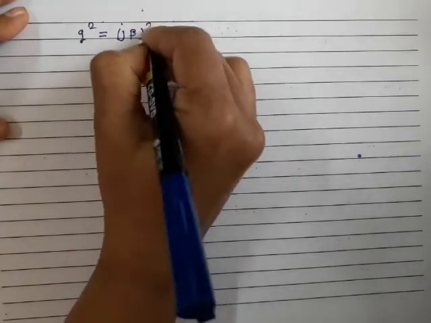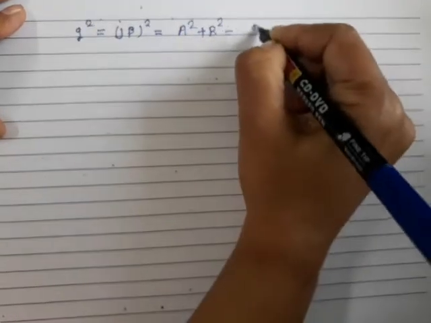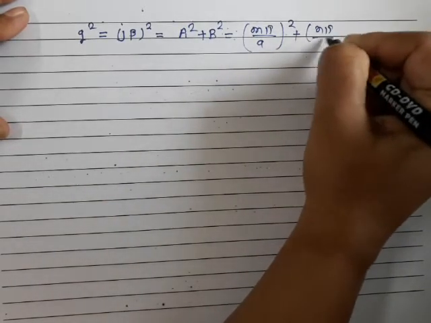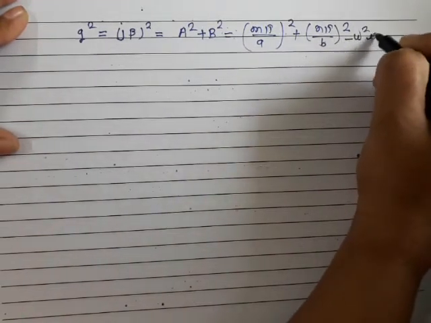So gamma square, that is (j beta) square, is equal to (m pi by a) square plus (n pi by b) square minus omega square mu epsilon.